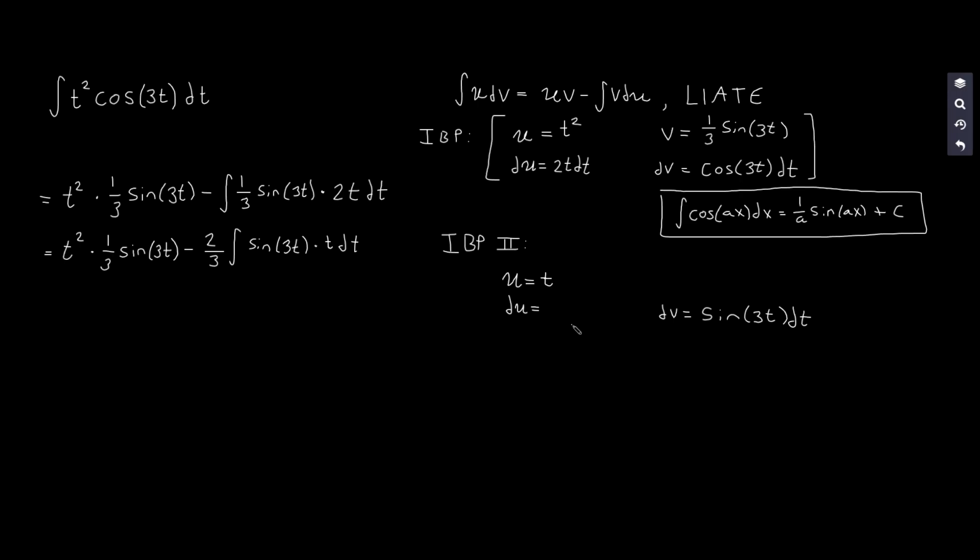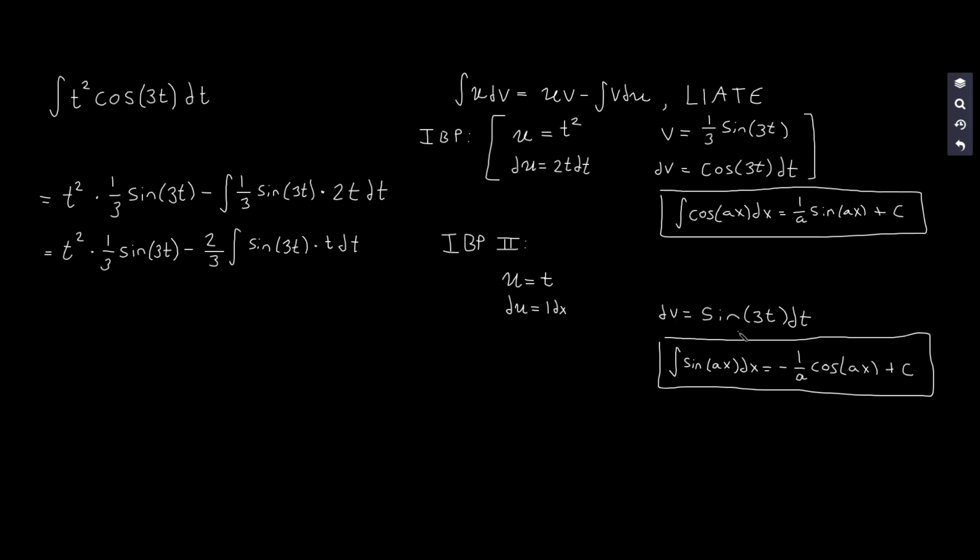That's just going to be 1 dt. Then we'll have to integrate sine of 3t. And so I'm pretty sure that the formula for that goes like this. If we integrate sine of 3 times t, I think we should get negative 1 over 3 times cosine of 3t.